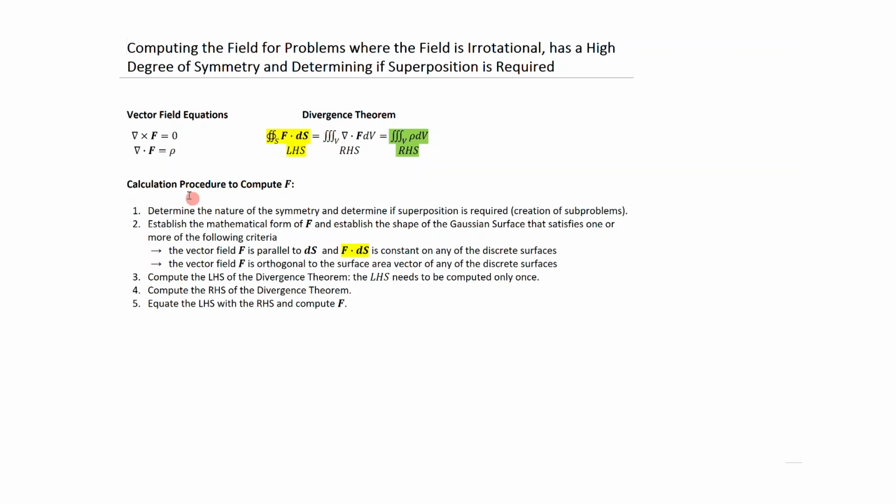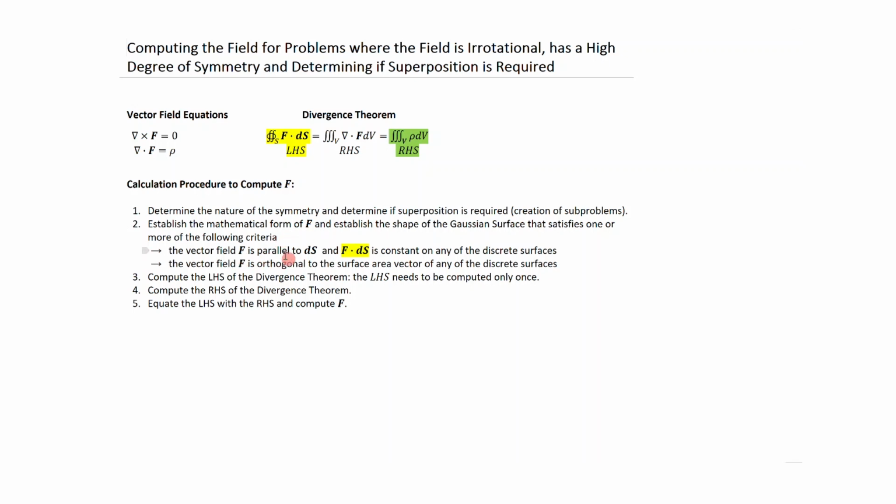Well, the calculation procedure for computing F was, first of all, determine the nature of the symmetry and determine if superposition is required, which meant more or less the creation of subproblems for a given problem. Second was to establish the mathematical form of the field and establish the shape of the Gaussian surface that satisfied one or more of the following criteria. The surface could be one continuous smooth surface, or it could be a number of disjoint surfaces stitched together.